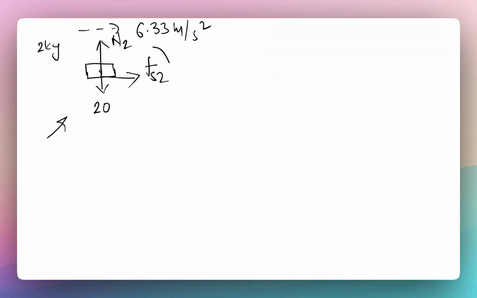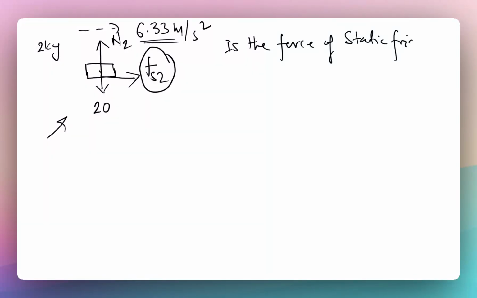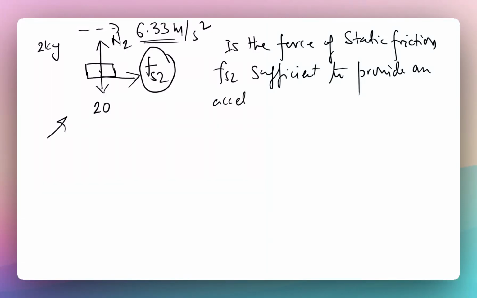So is this force of static friction sufficient to provide this acceleration? That is the question. Is the force of static friction sufficient to provide an acceleration of 6.33 meters per second squared?